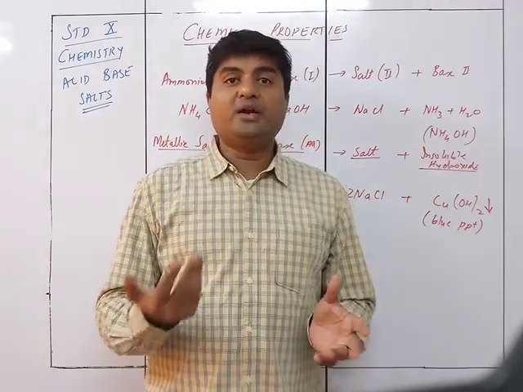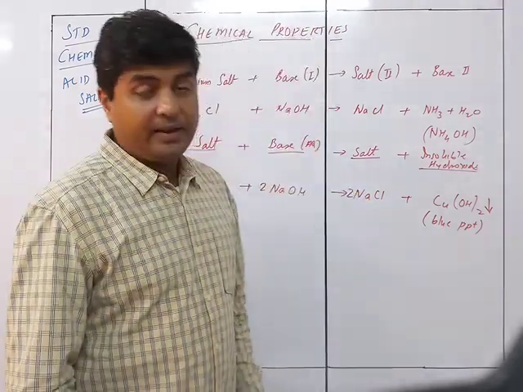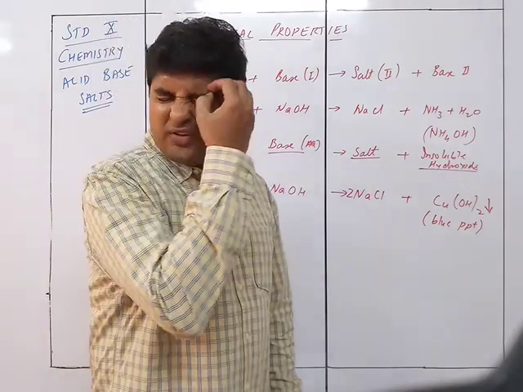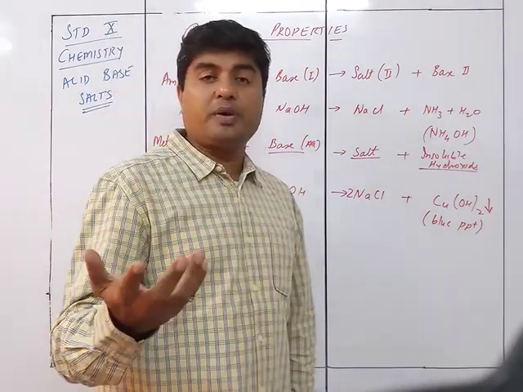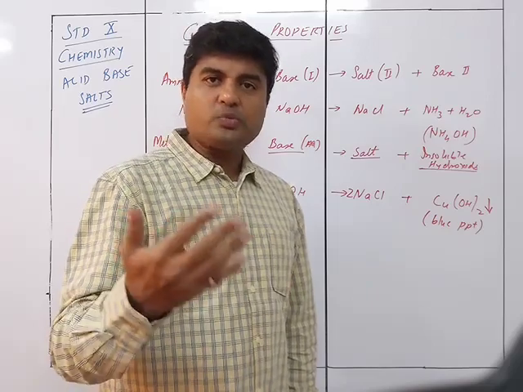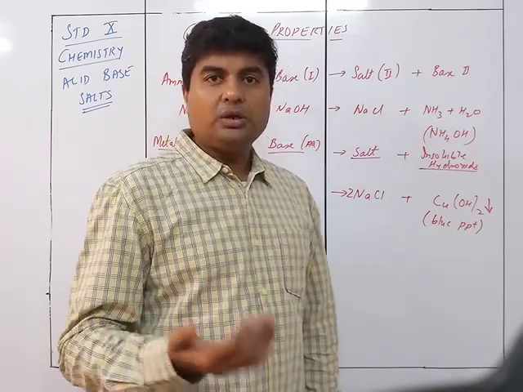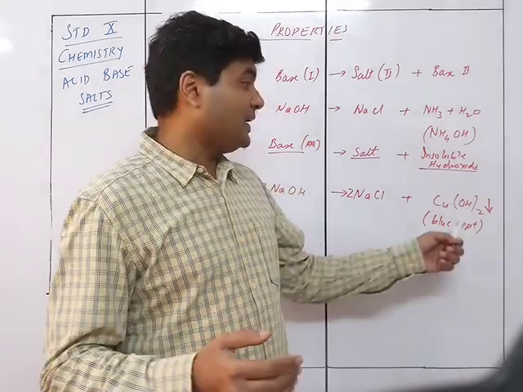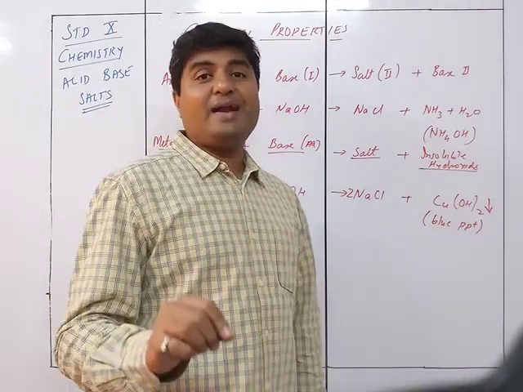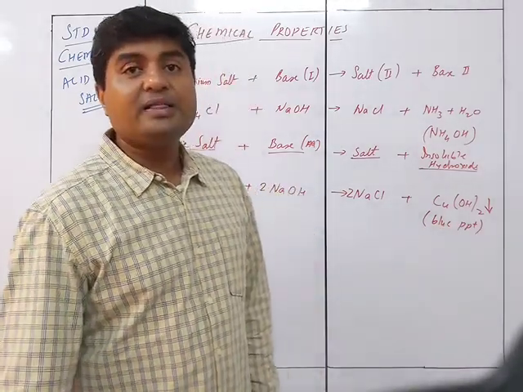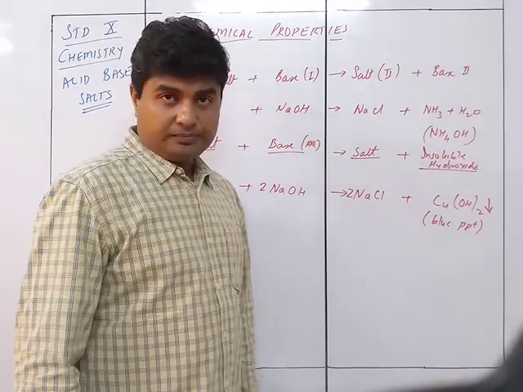If it were dirty green, then it would be ferrous. If it is reddish brown, it is ferric. So there are different colors of the different metallic hydroxides which help us identify that particular metal.